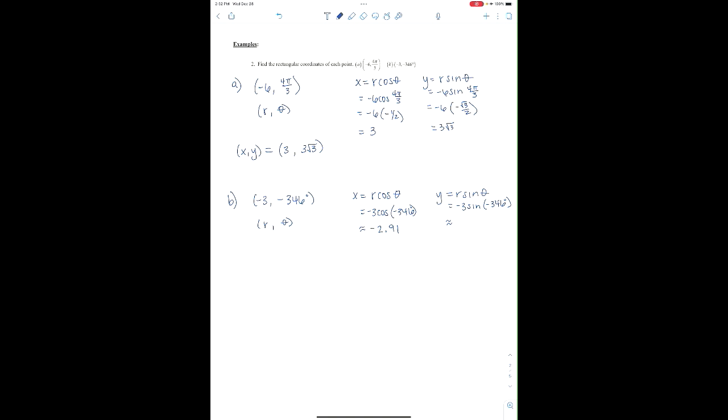That's about -0.726 if we round it off. So our xy coordinate, turning it rectangular, is going to be -2.91 and -0.726.